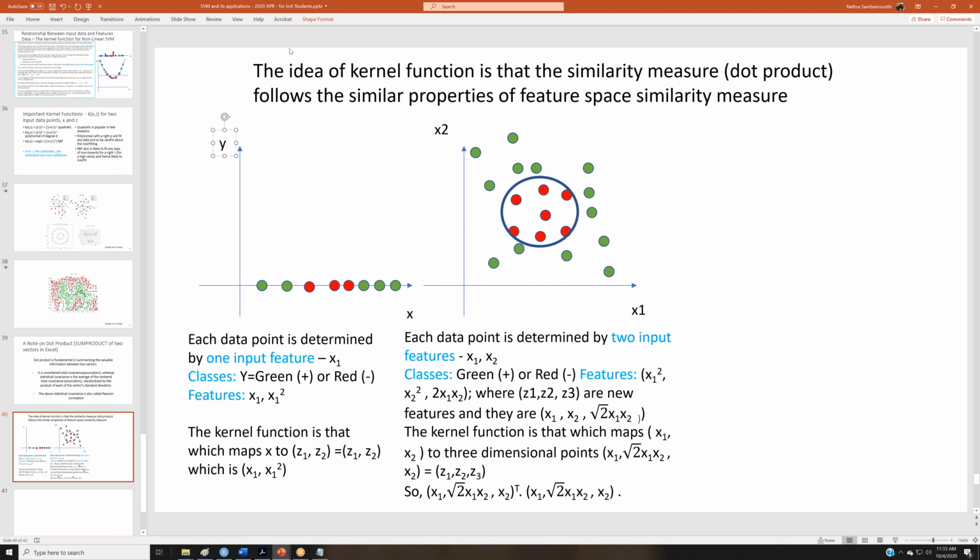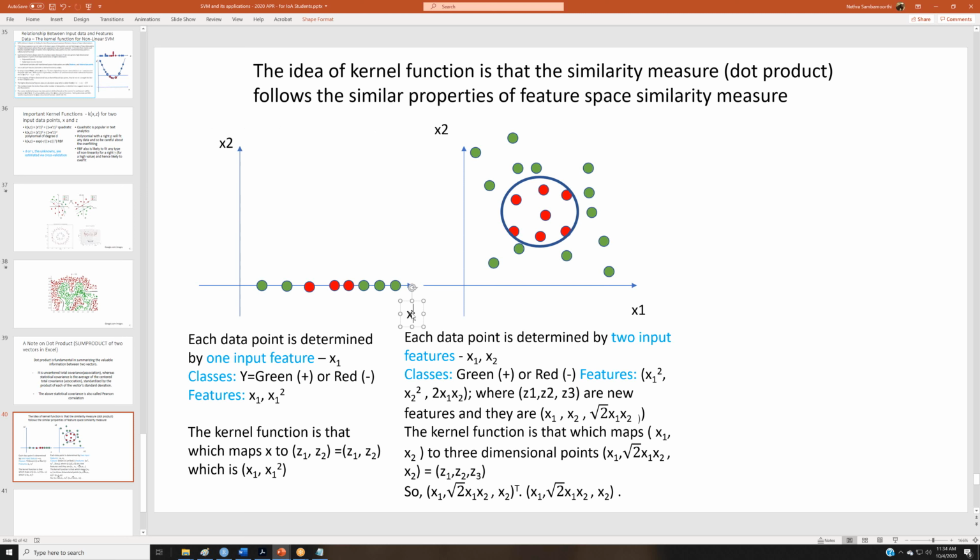I'm not able to edit this. I will edit this one and show it to you later. The main point here is that the original data are in x1 and x2 values. That's why I know it has to be x2, it's not y.